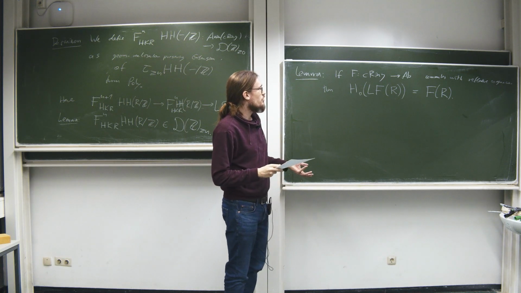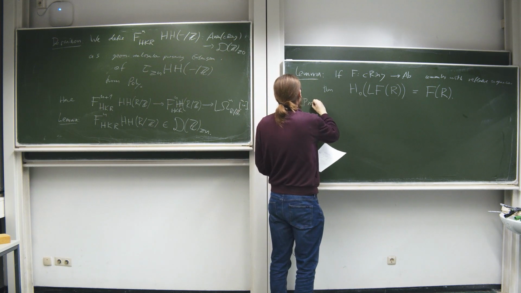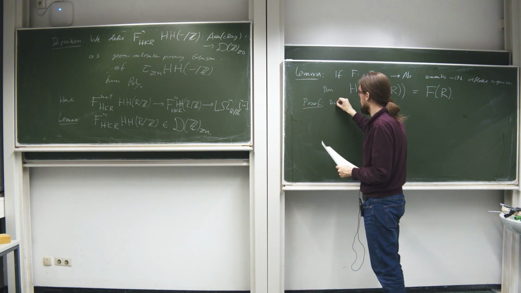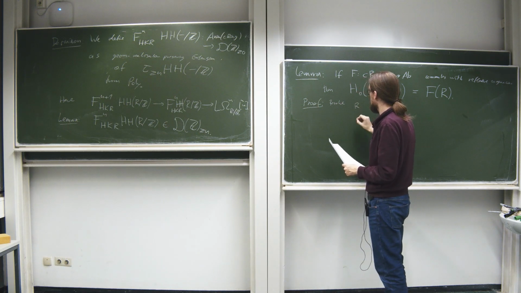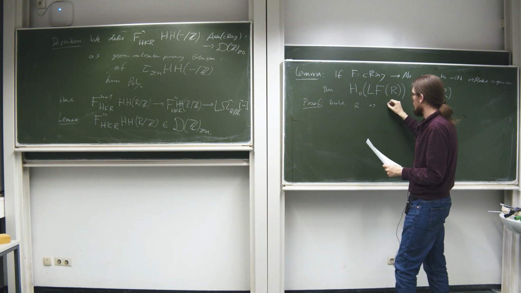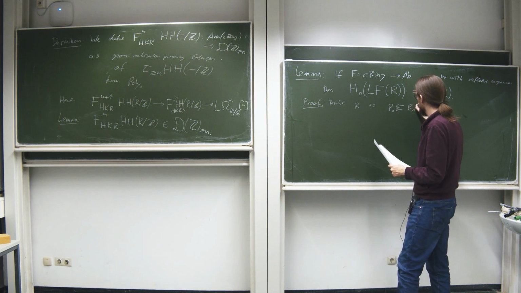And the idea behind the proof is, let me write that down. We resolve R as a simplicial diagram of polynomial rings.